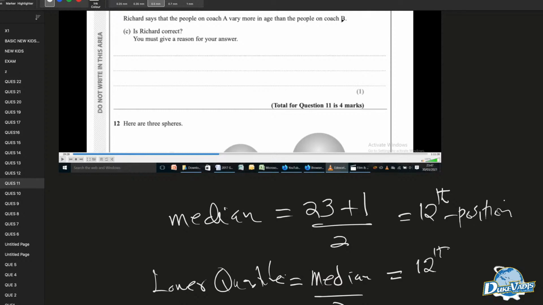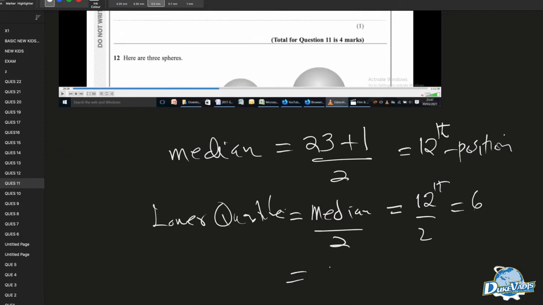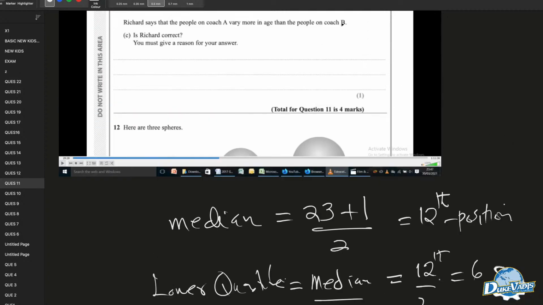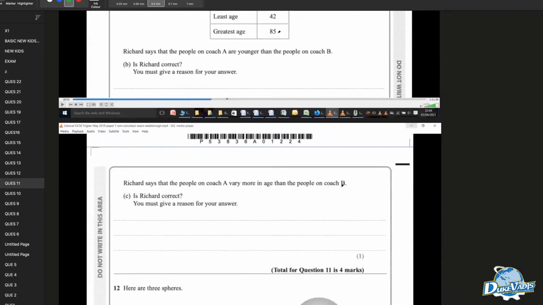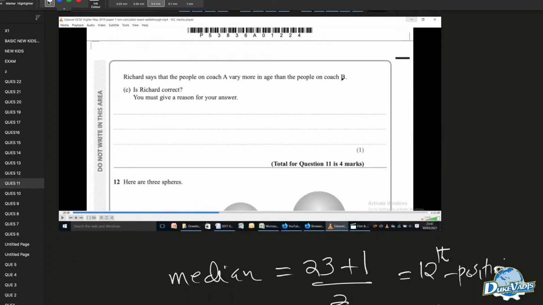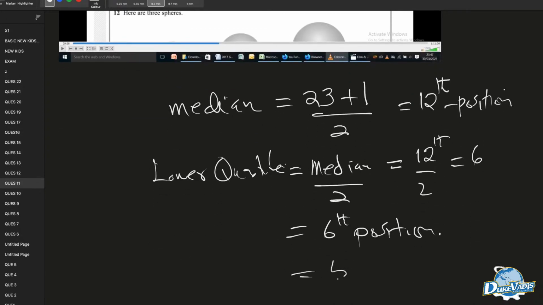So 12 divided by 2 will give you 6, the 6th position. Let's count: 1, 2, 3, 4, 5, 6. It's 53. So that means our lower quartile is 53.